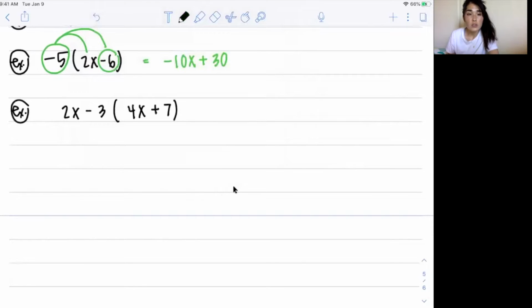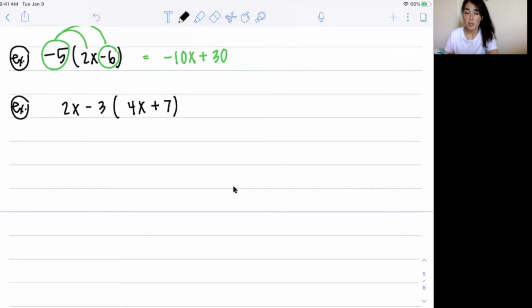All right, so what this becomes is multi-step. So it is kind of like order of operations. However, what I want to point out to you guys that you should be doing first is with that parentheses, that PEMDAS, the P, you do want to distribute first. So we want to take care of this parentheses in the sense that we are going to be multiplying by this 3 here. Now, just like I showed you in this example above, notice the sign though.